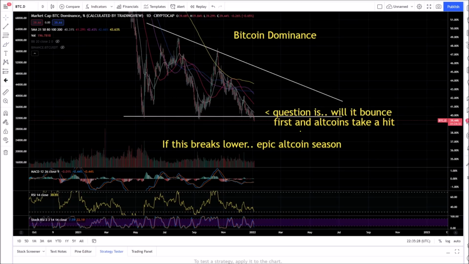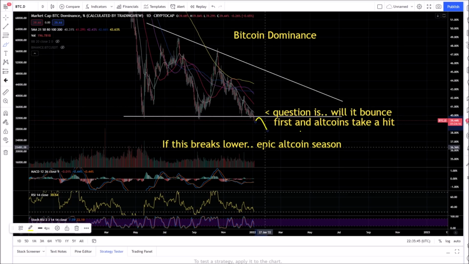The most important thing that is possible right now is Bitcoin dominance. If this breaks and continues lower, which, I mean, it already has broken lower, but what you want to see is maybe a bounce and then a bearish retest.